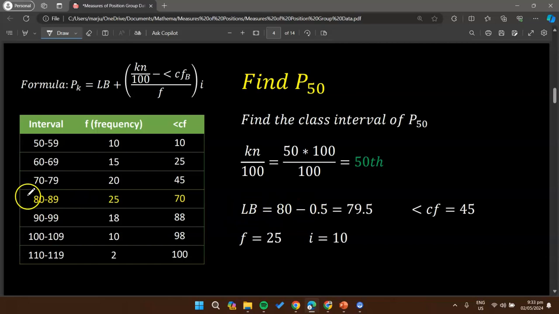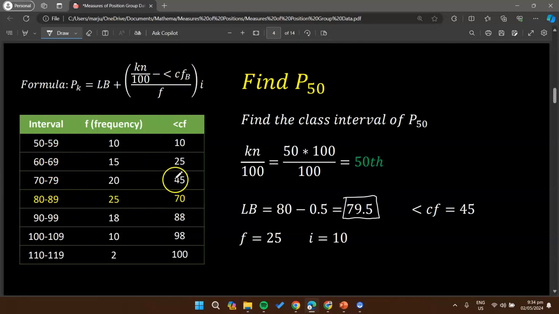So this is our boundary. This is where the 50th position is included. So again, the lower limit is 80. So 80 minus 0.5, that is 79.5. That's our lower boundary.